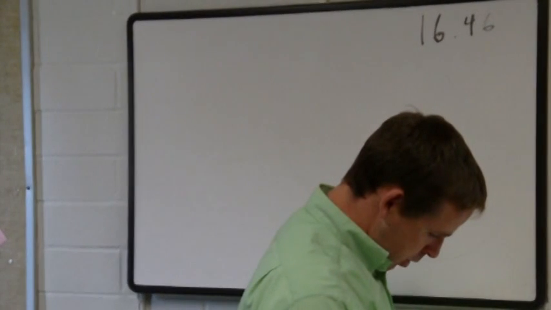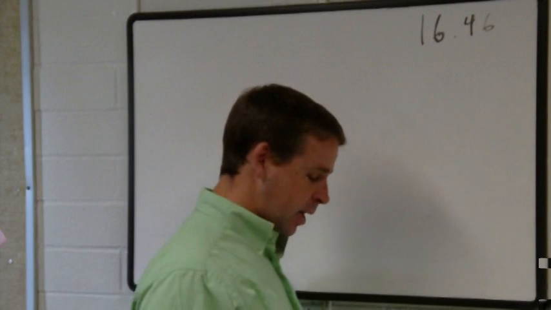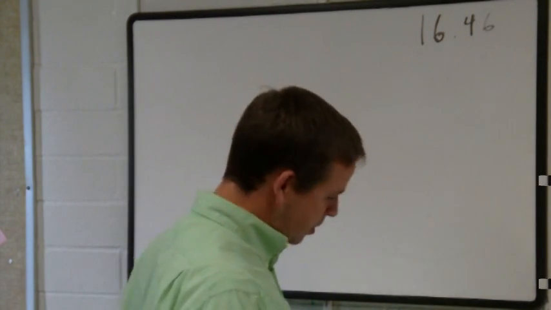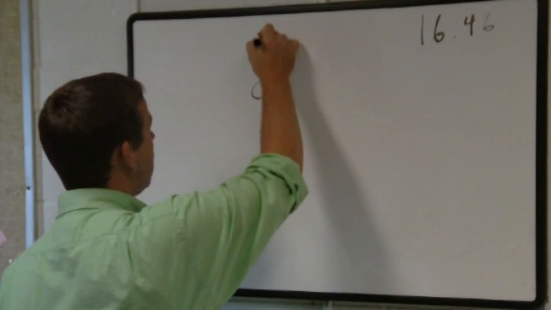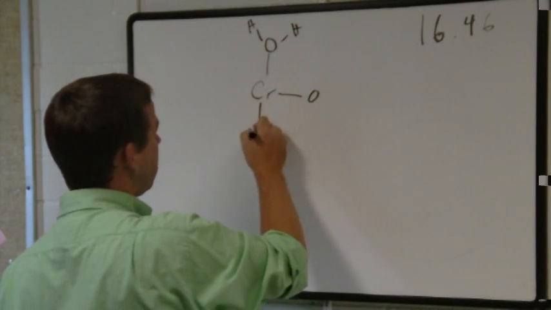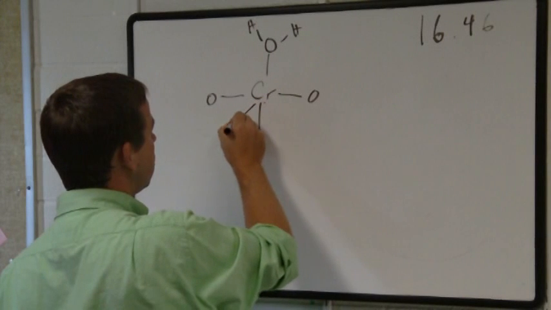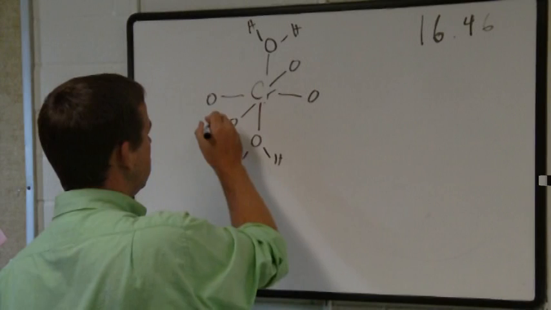The ion chromium hexahydrate is weakly acidic. All right, so chromium has a way to form an ion in which we have six water molecules coordinated to it.